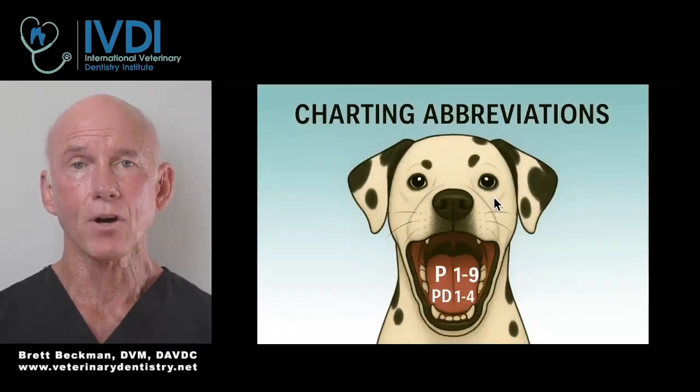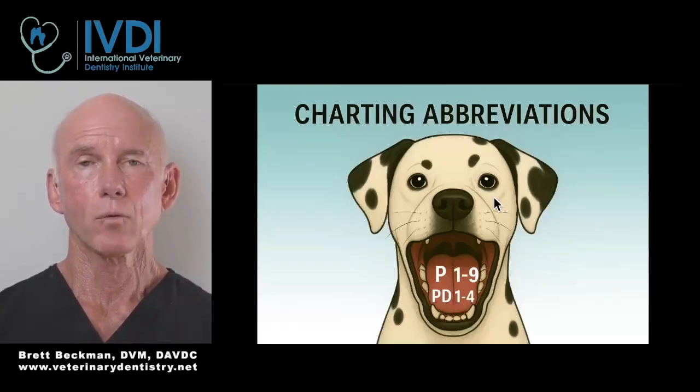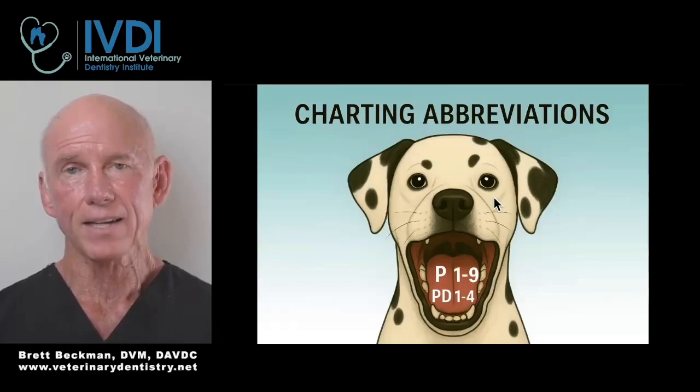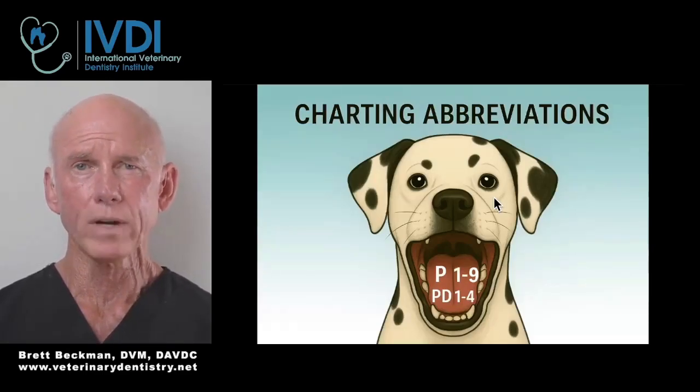And then our charting abbreviations: the periodontal pocket depth is indicated by a P and then a number, whatever the depth of that pocket is. And we're not measuring normal pockets. We're not trying to take the time to place a designation on every tooth. The only pockets that we need to put on that dental chart are the ones that are bleeding when we probe.